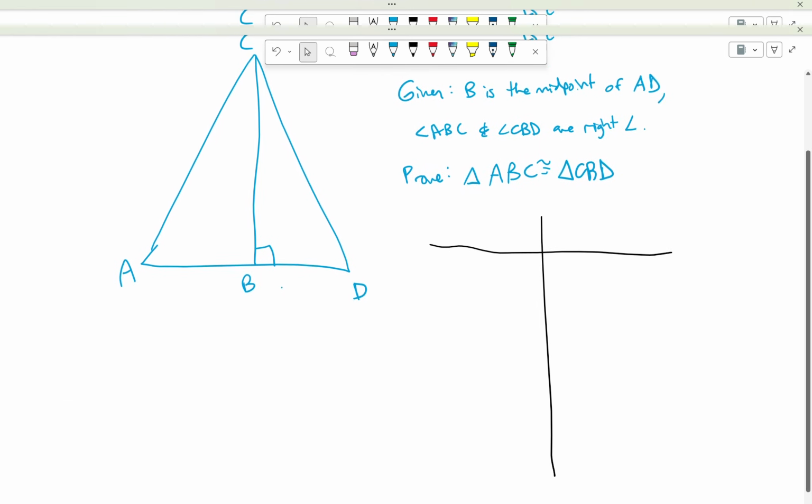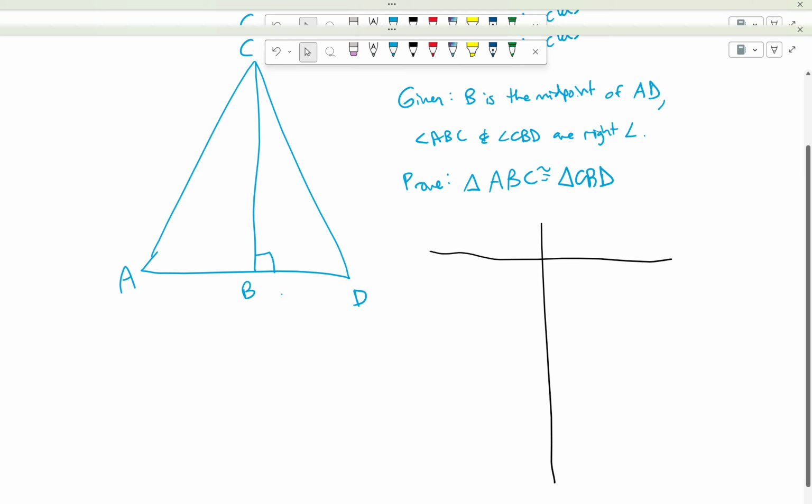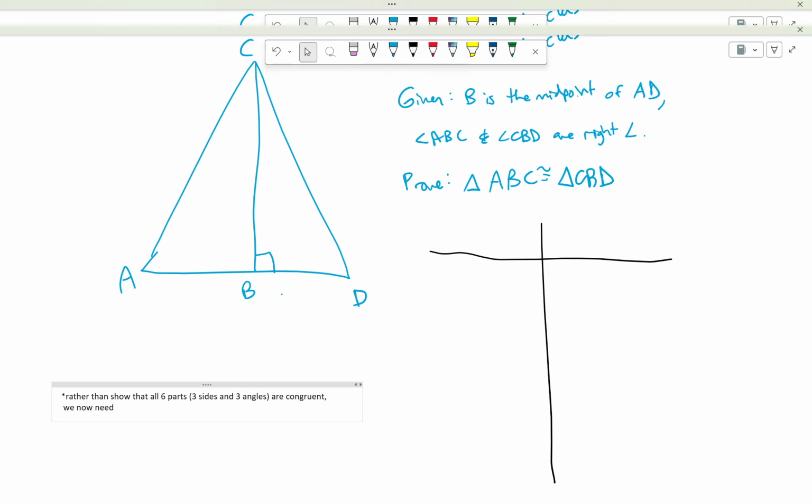With a limited amount of information, we're going to show more is less. Rather than show that all six parts are congruent, we now need just three congruence statements.